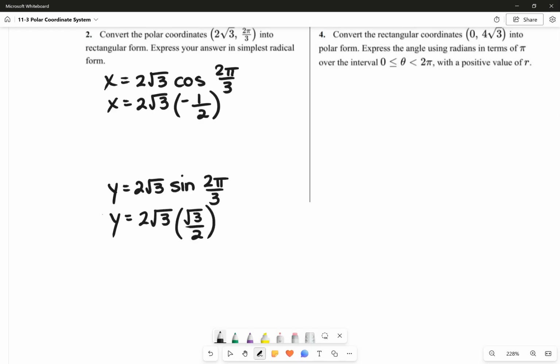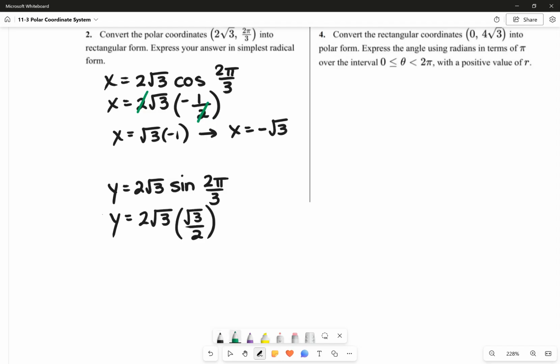Okay, so simplify. If I look at 2 square root of 3, times negative 1/2, that's like saying 2 over 1, by the way, right? And so my 2 is in the numerator, and that can cancel with this 2 in the denominator, which leaves me with x equals square root of 3 times negative 1. So my x is negative square root of 3.